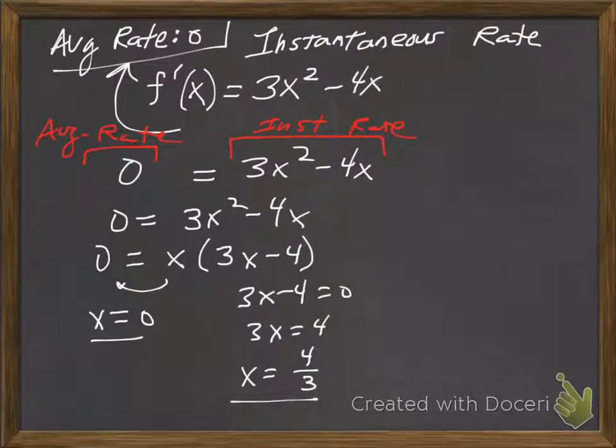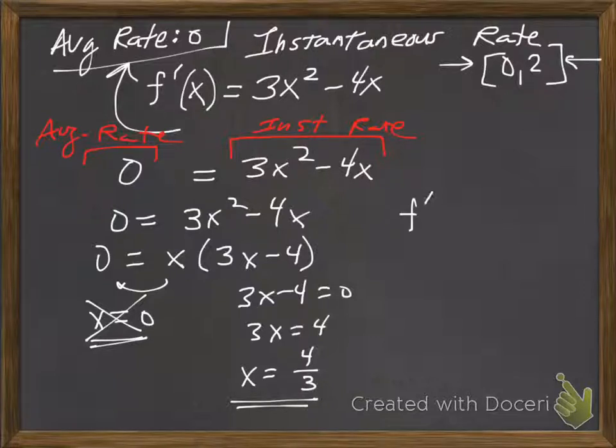Now you'll notice that one of the endpoints of our interval, 0 to 2, is 0. And since we're dealing with an instantaneous rate of change, we need to find the derivative at the endpoint. Well, since we don't know what comes before 0, likewise we don't know what comes after 2, because we're only concerned with 0 to 2, x equals 0 is not going to be a valid part of the interval we're concerned with. The mean value theorem guarantees a value inside the interval. So 4/3 is our answer.